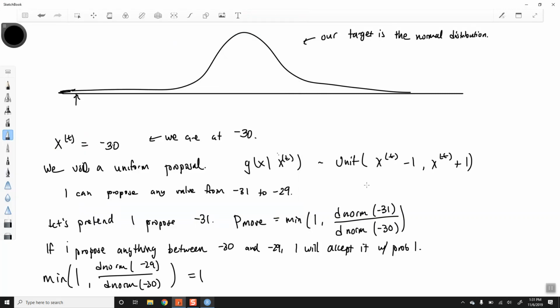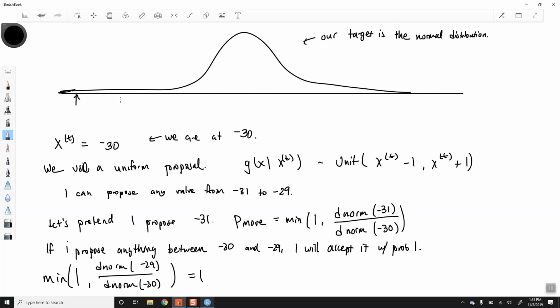So in the beginning, even though I started off at this terrible starting location, the Metropolis algorithm will always accept moving in the direction of greater probability. Sometimes you take a step backwards. Like if I proposed 30.1 instead of negative 30, I might go there with a probability of like 15%.